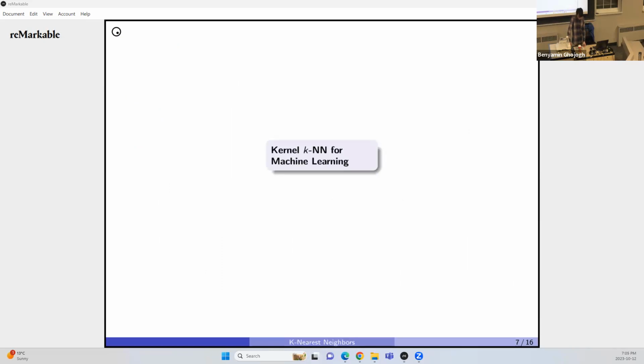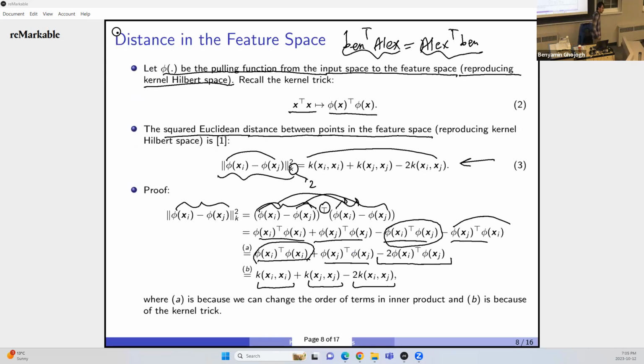And then we said that we can have kernel KNN. How? Simply, rather than using Euclidean distance in the input space, let's calculate the distances in the Hilbert space, or feature space, using this formula that we also proved. We said that Schölkopf has proposed this distance, equation 3 in a NeurIPS paper, and we showed you the proof.